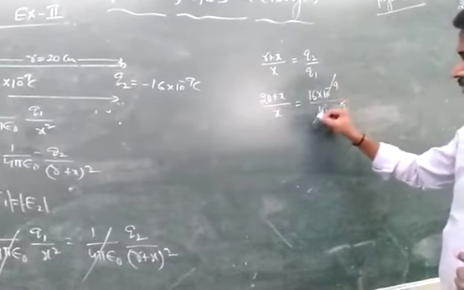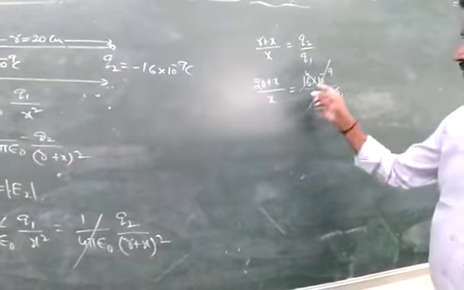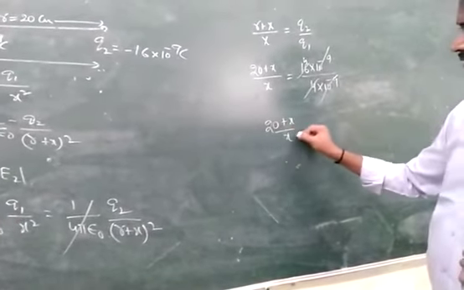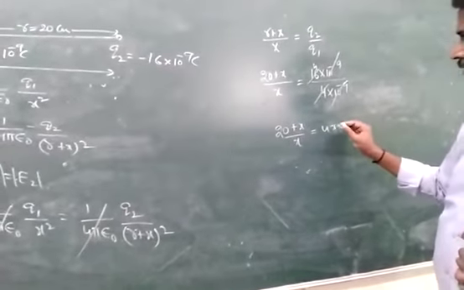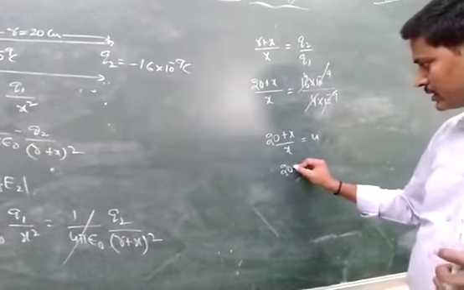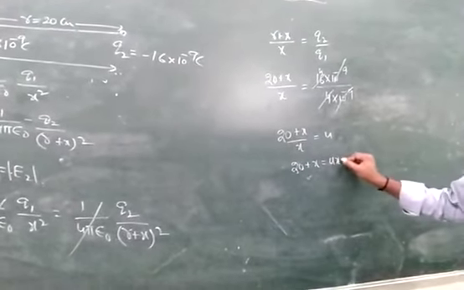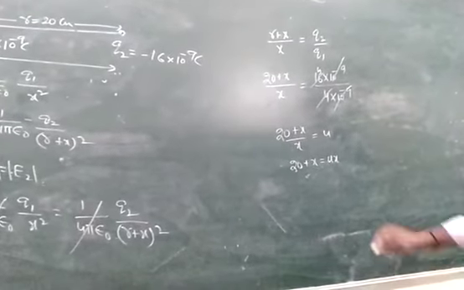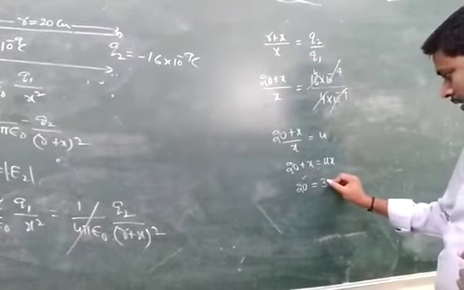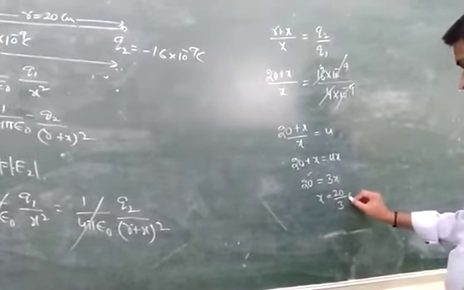Get cancelled, so we get square root of 4, which is 2. So (20 plus x) by x is equal to 2, that is 20 plus x is equal to 2x, where x is equal to 20 centimeter.